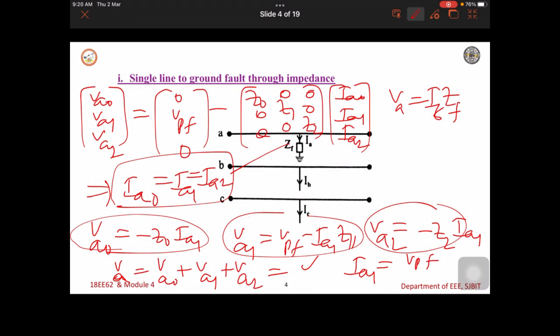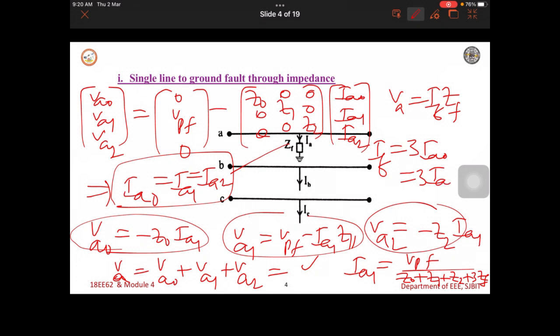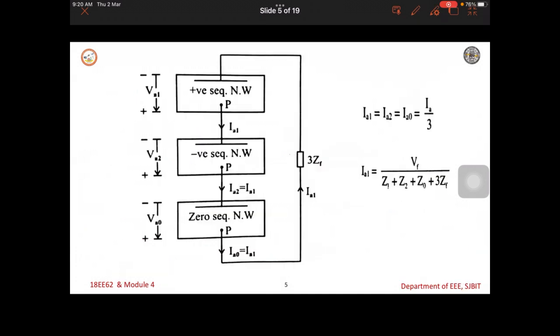IA1 will be VPF divided by Z0 plus Z1 plus Z2 plus 3 times ZF. So, this is how we can find the IA1 value. Once you know the IA1 value, you can easily find the fault current, because the fault current expression is 3 times IA0, or 3 times IA1. Substitute here and you will get the value.